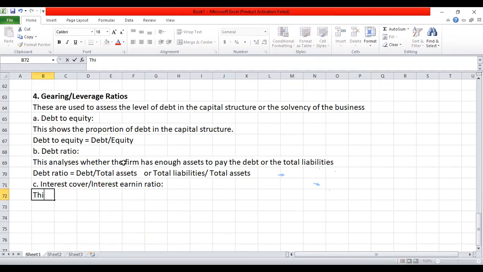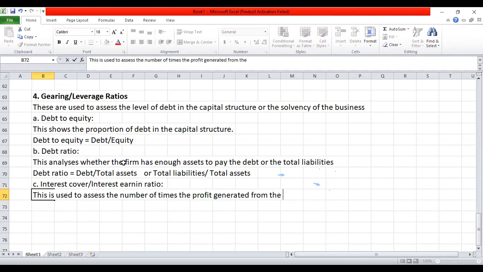So this is used to assess the number of times the profit generated from the operations can pay the interest expenses.